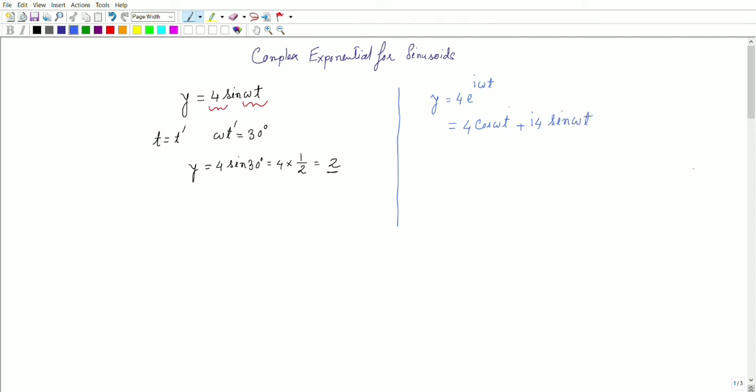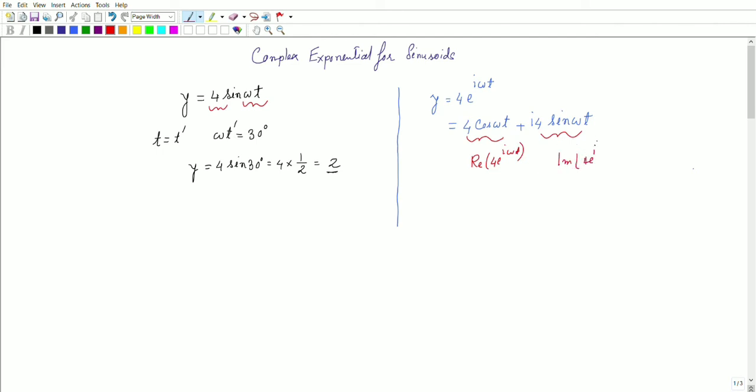Here 4 cos omega t is a sinusoid and it is the real component of this complex exponential, and 4 sine omega t is the imaginary component.